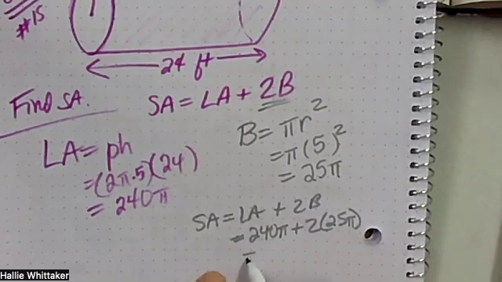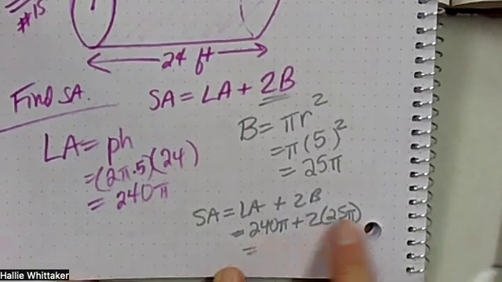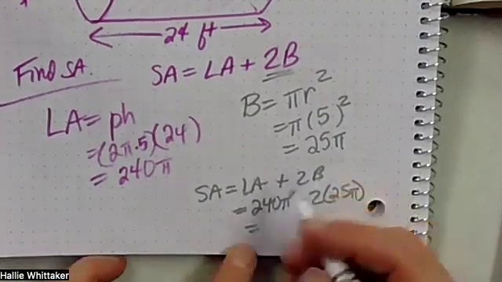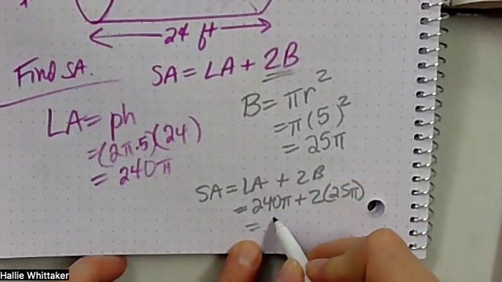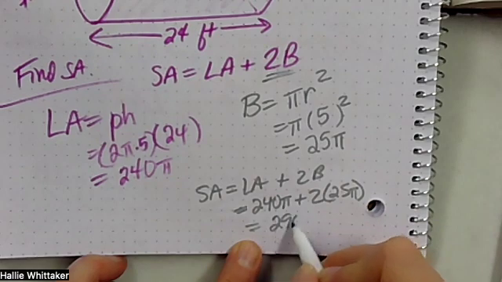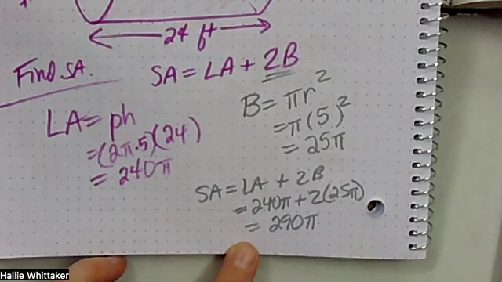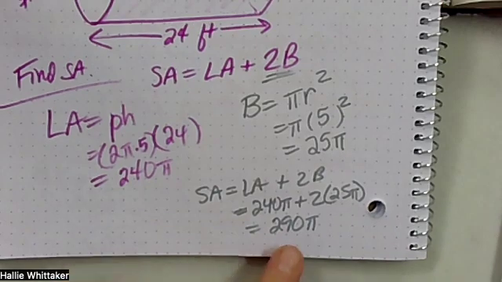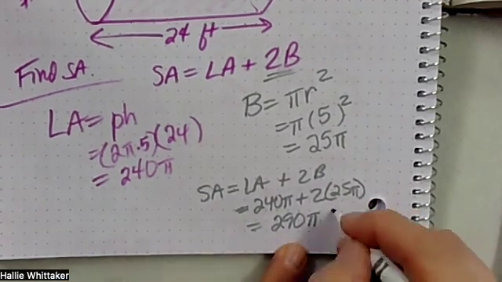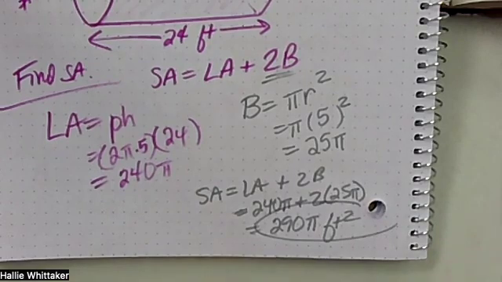Good job. And so, Samantha, when you put all that together, 240 pi plus 50 pi, what'd you get? In terms of pi or? 290 pi. Good job. On number 15, they did want it in terms of pi, so we can stop. Good job. Feet squared. Don't forget your unit.